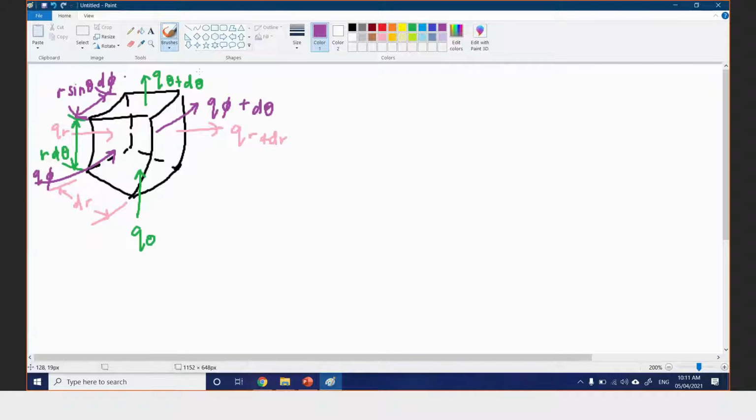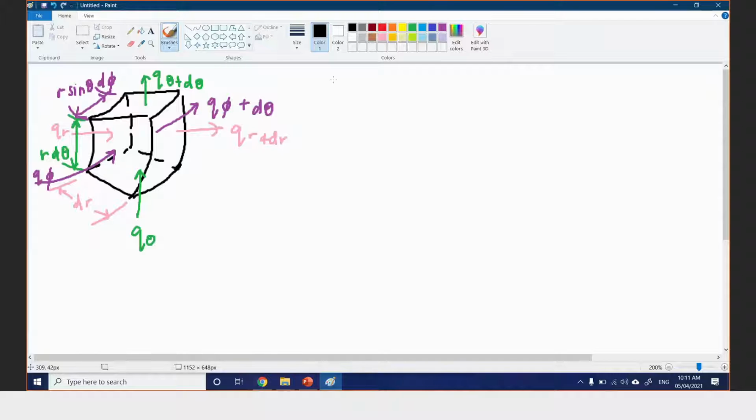Okay. So let's start again, first recalling the general energy balance equation, which is heat going in plus heat that is generated equals heat going out plus heat that is accumulated.